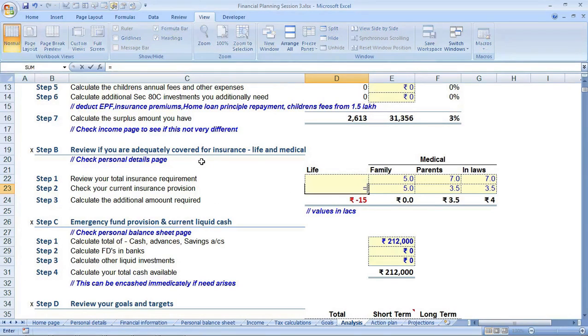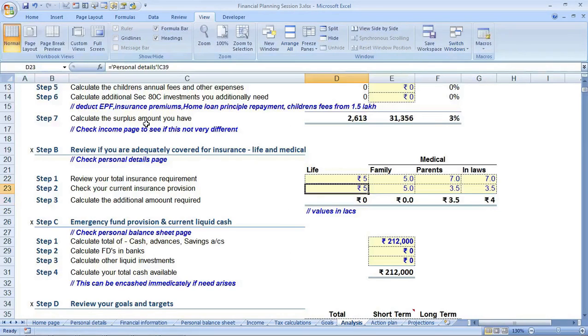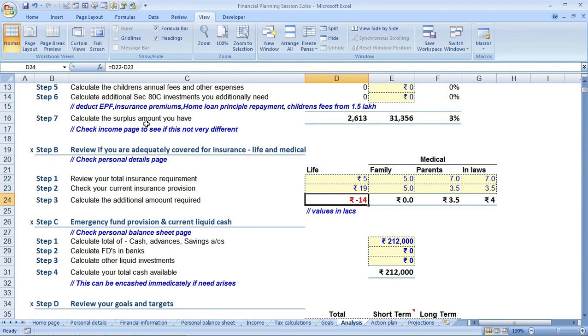His life insurance cover as of today is 5 lakhs plus whatever the company provides, which is probably 1 times his CTC, which is still not sufficient. So probably 1 crore would do good. So you would still need another 82 lakhs of life insurance cover.